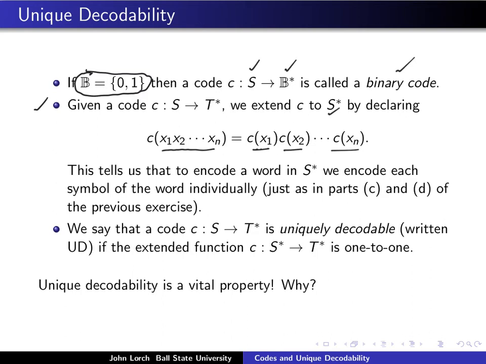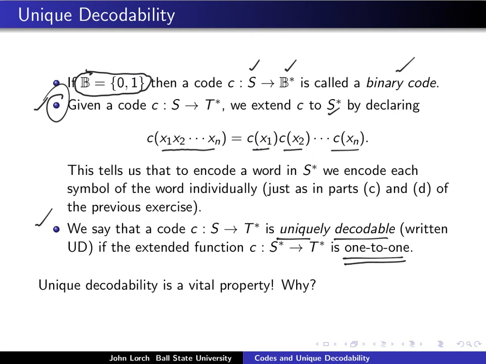Now, in the final bullet point, we have a new definition. So we say that a code, C, from S to T star, is uniquely decodable if the extended function that we talked about up here in the second bullet point is also one-to-one.